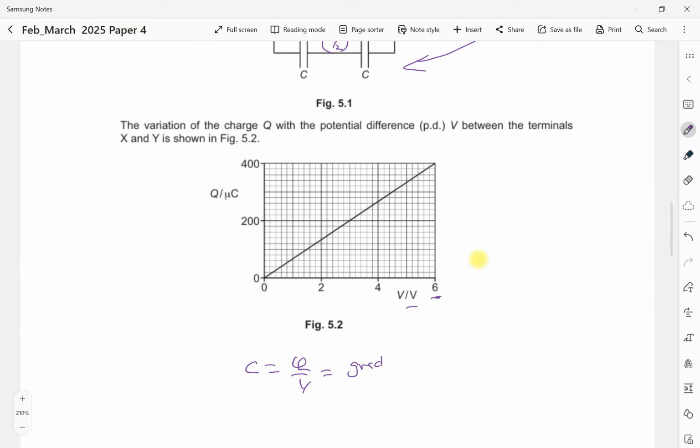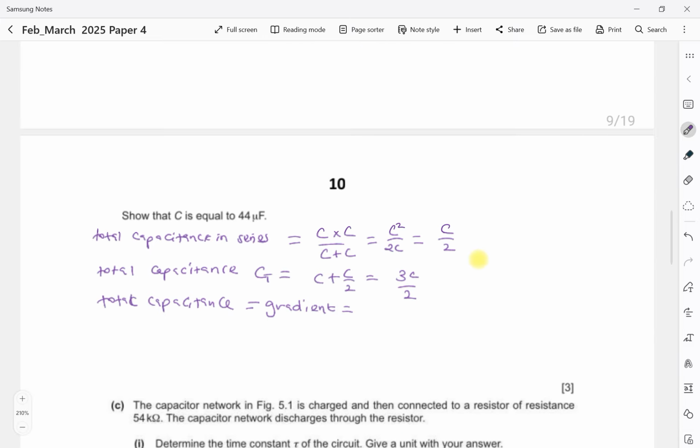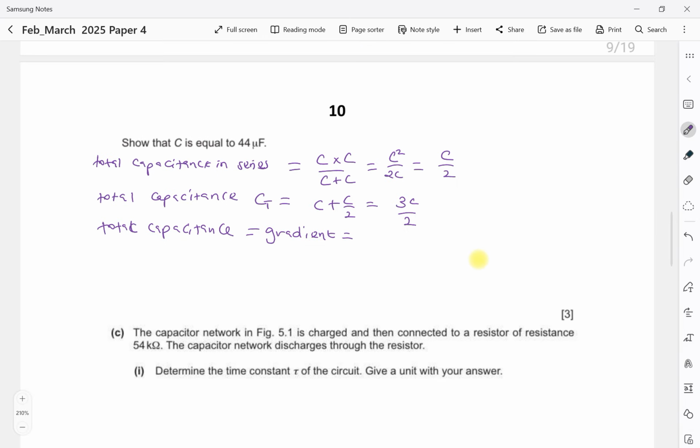This is 6 volts and this is 400 microfarads, minus 0 minus 0. So this is going to be 400 times 10 to the power of minus 6 divided by 6.0. So I'll just simply say that 3C over 2 is the same as 400 times 10 to the power of minus 6 divided by 6.